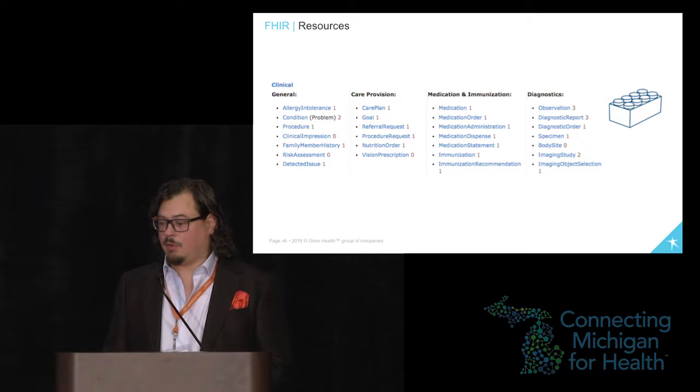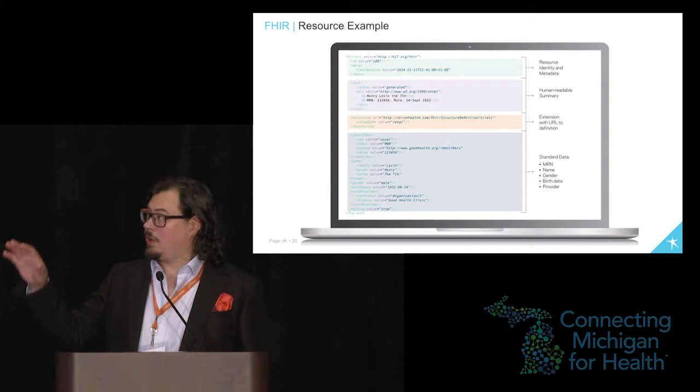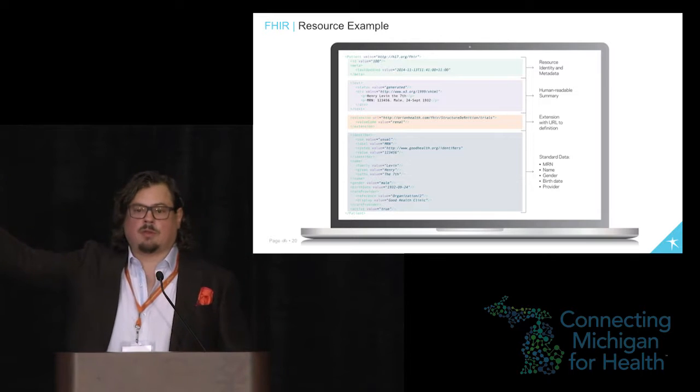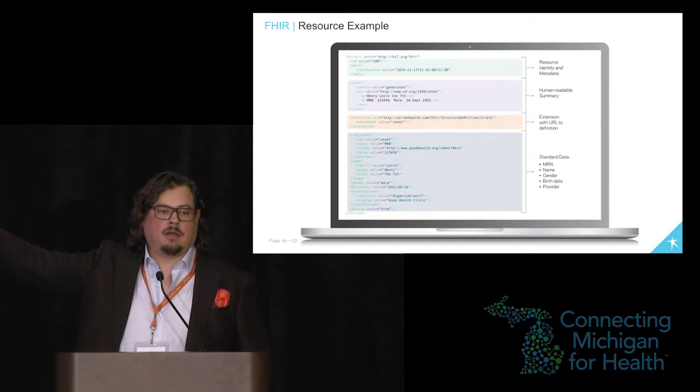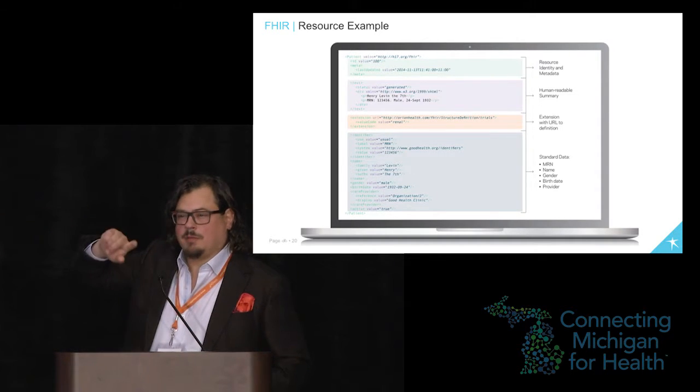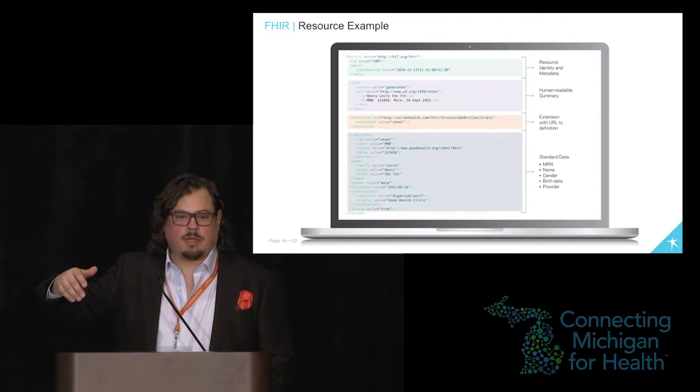But from an overview perspective, if we look at an example, if we start here at the top, we have some descriptive information, or what we call metadata, about that resource itself. And one of the neat things about this, I mentioned it briefly when looking at those examples of V2 and V3, they weren't very easy to read.